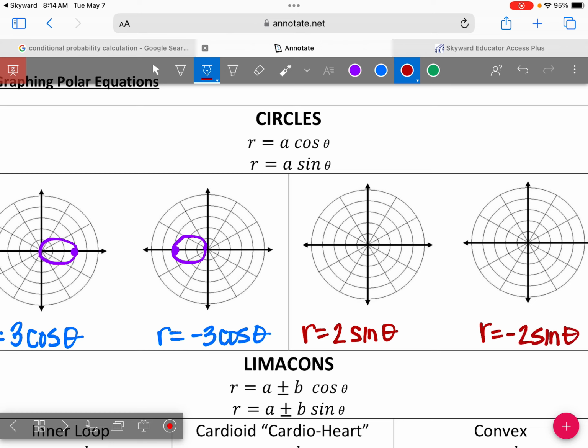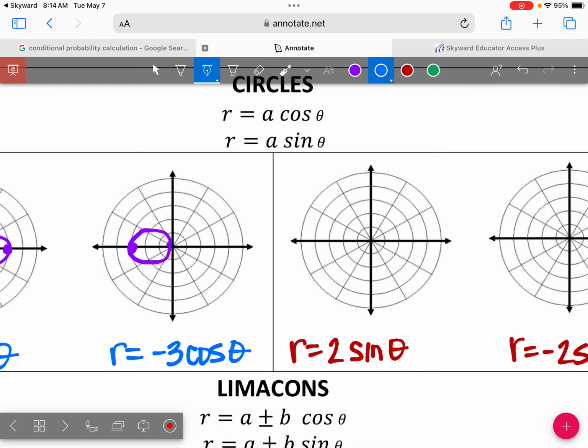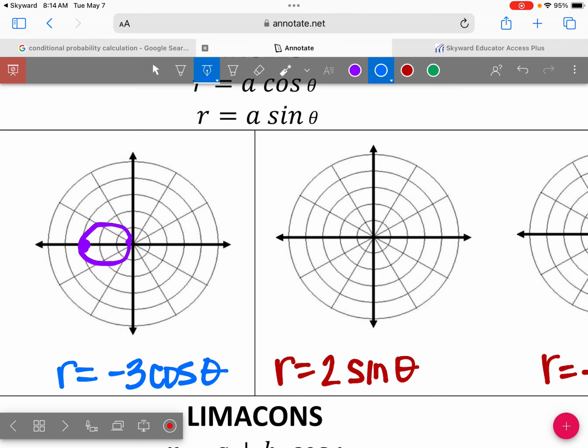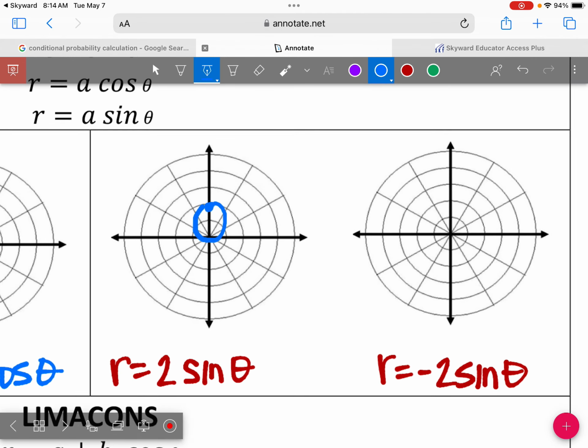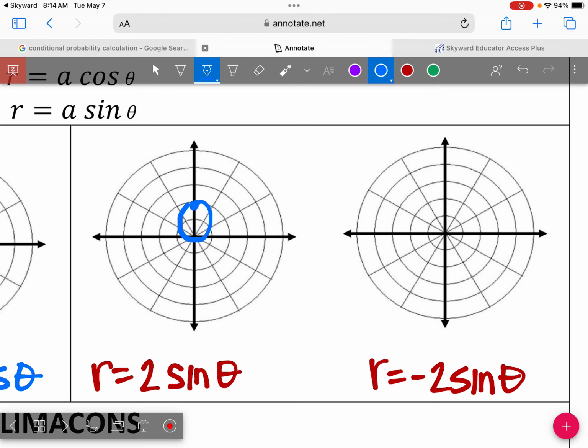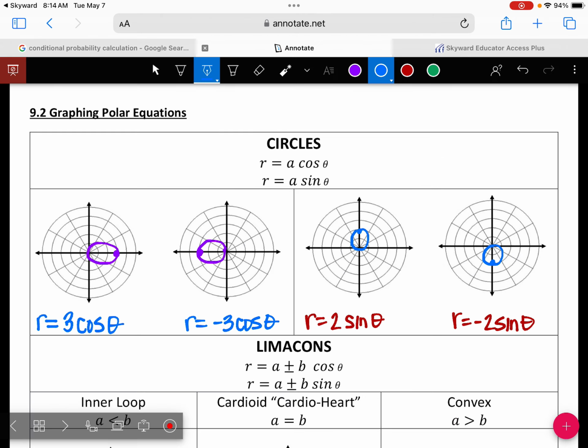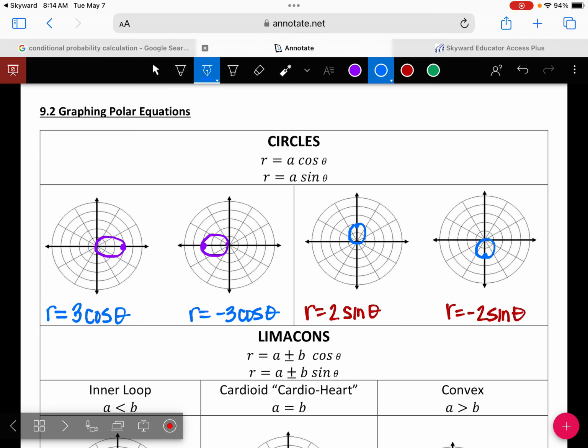Well, the +2 sine theta is going to go up. And because I picked the 2, I'm only going to hit the second ring this time. It's going to look something like that. The -2 sine theta is going to swing down. All right, so again, these are just examples of 4 different polar graphs.